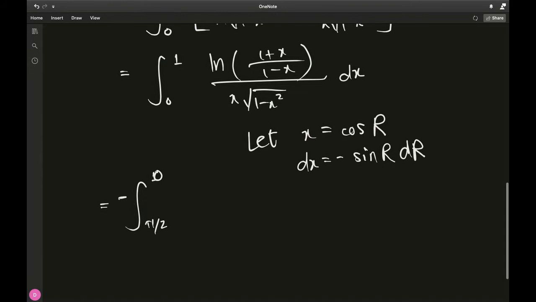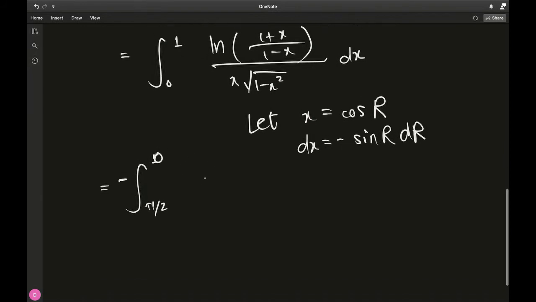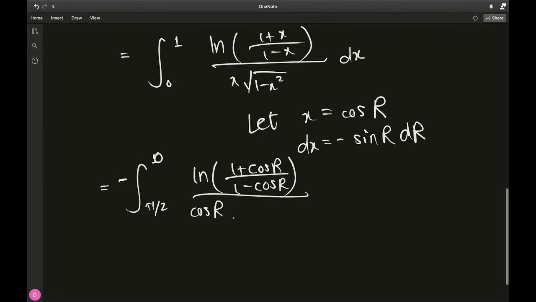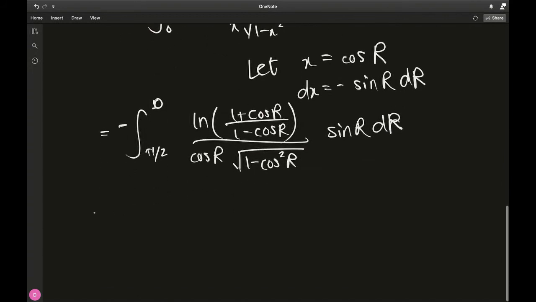Take the negative outside. We have natural log of 1 plus cosine R over 1 minus cosine R divided by cosine R square root of 1 minus cosine squared R, and dx is, we took the negative outside, sine R dr.